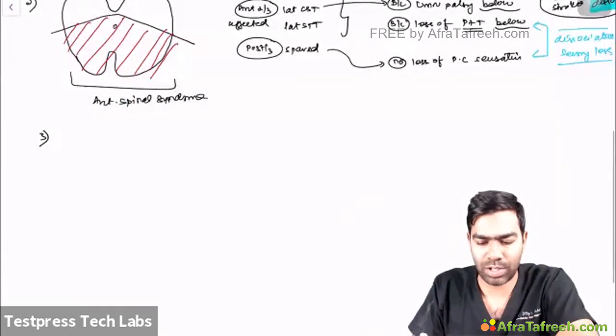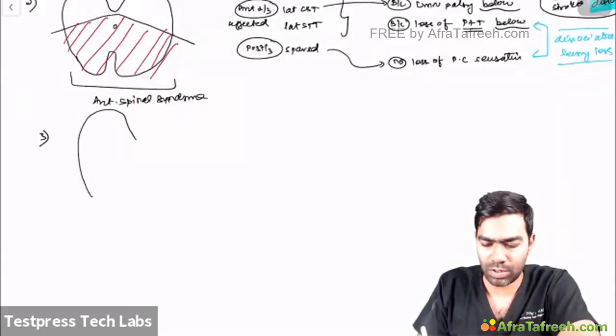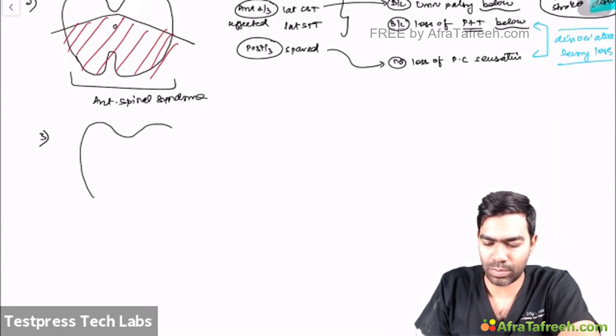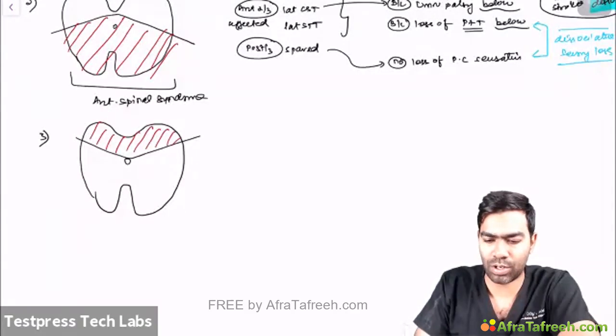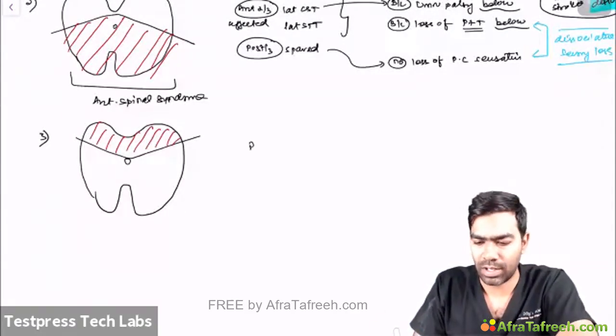Then we have a posterior cord syndrome, where the posterior 1/3 of the spinal cord will be affected, plus or minus the corticospinal tract. In this condition, this is the area of involvement. Bilaterally, the posterior cord will be affected, which means the posterior 1/3 is the one that is predominantly affected here. That is going to involve the posterior columns.